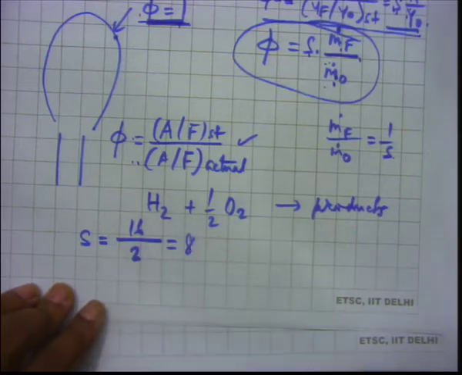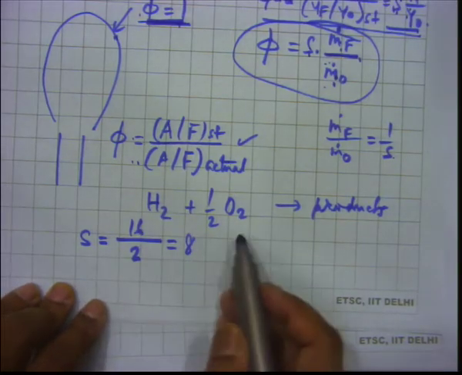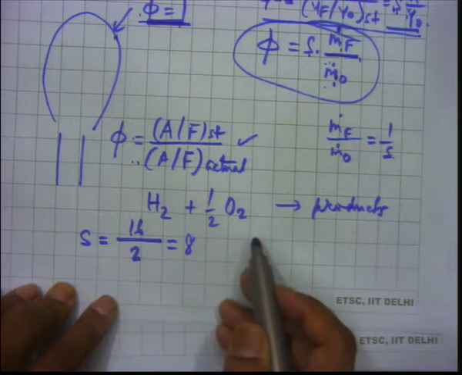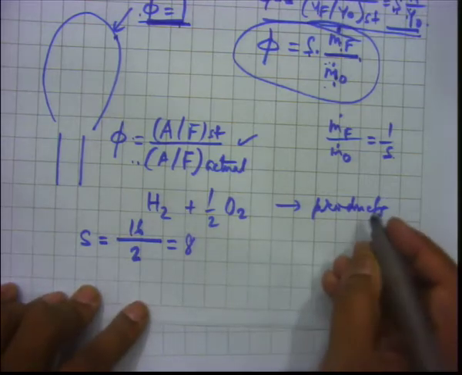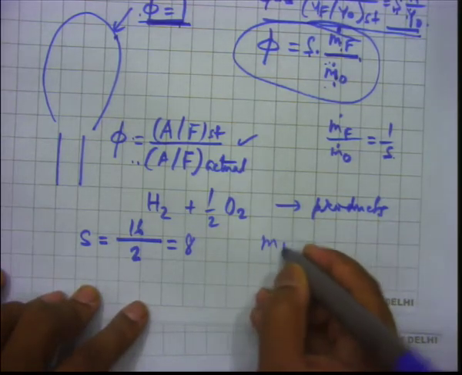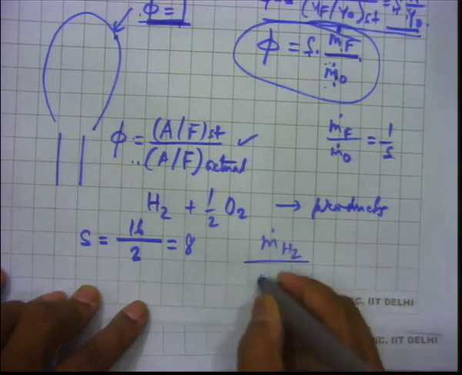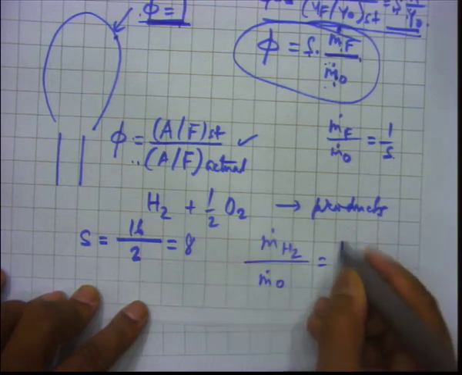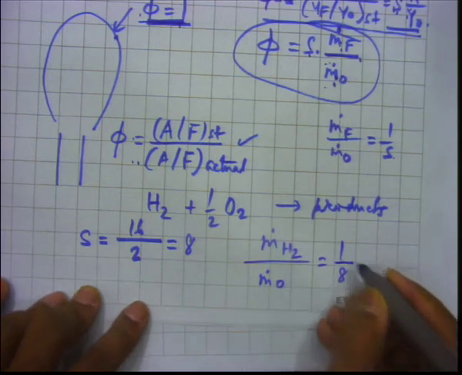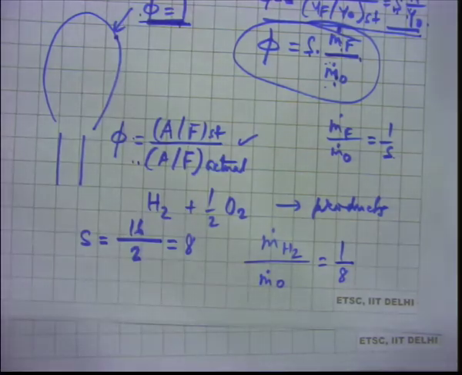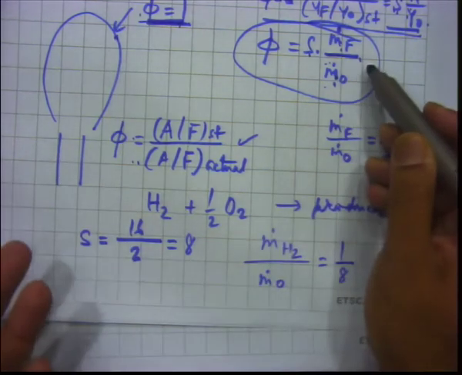So, S is equal to 8. So, if m dot H2 by m dot O is equal to 1 over 8, then that gives you phi equal to 1. Okay. So, that is how Turns defined it.